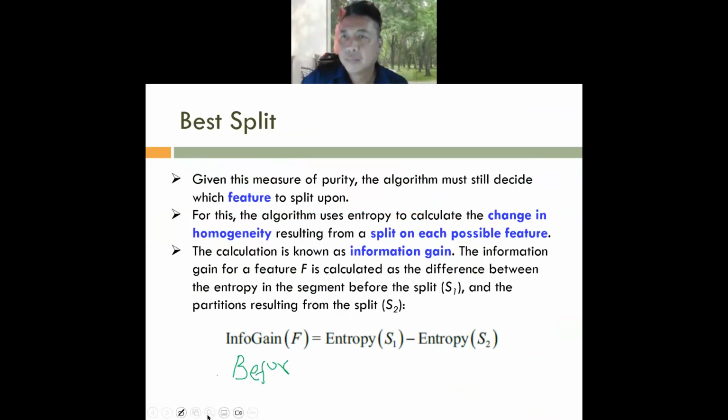Let me erase first. The info gain that we get for the splitting will be computed based on the entropy before you split, and you minus the entropy after you split.